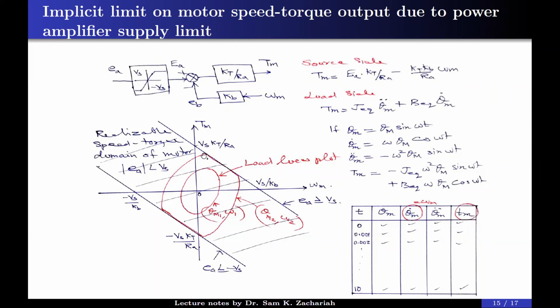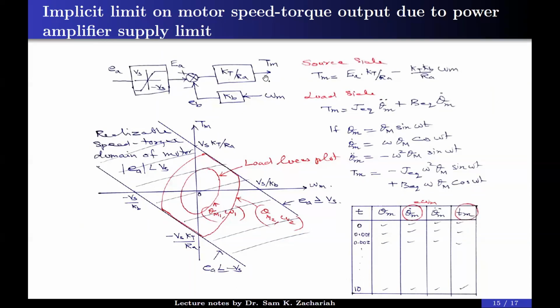But simply drawing these lines alone is a simple thing. That will not give you a good feel of it. So what we'll do is, along with this, we will draw the load part also.